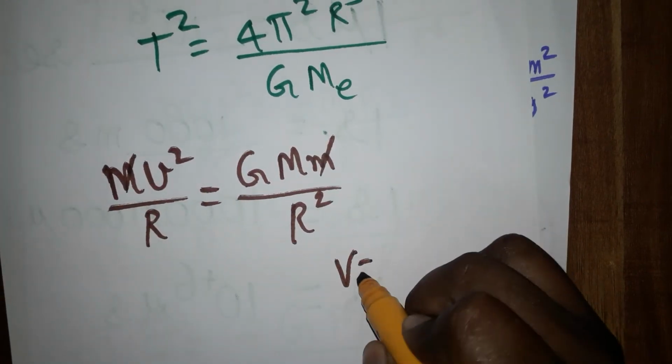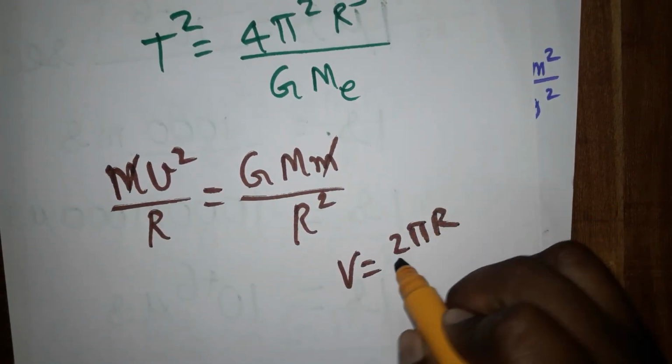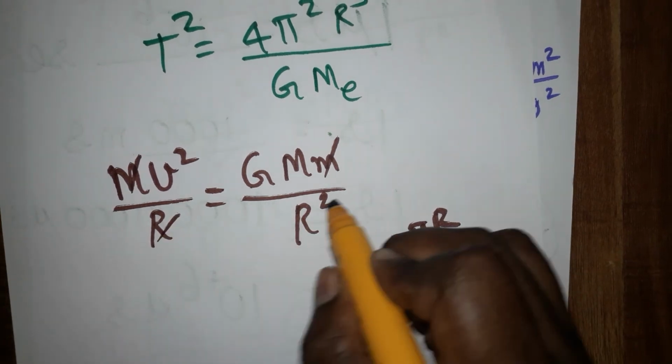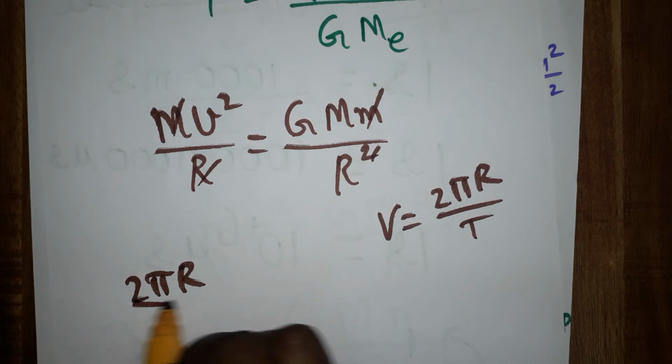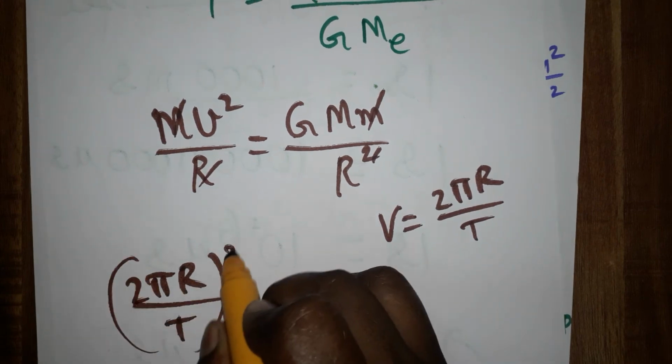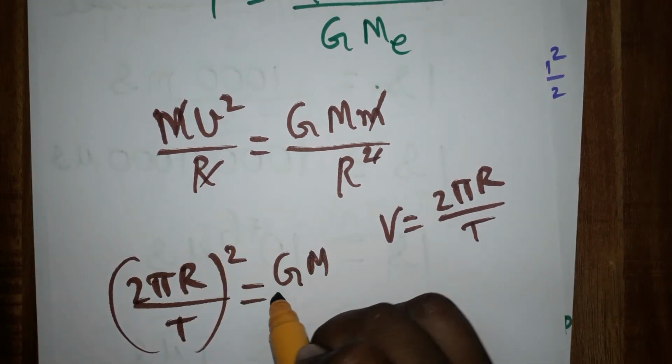In circular motion, velocity is 2 pi r divided by T. The whole square of this is equal to G m divided by r.